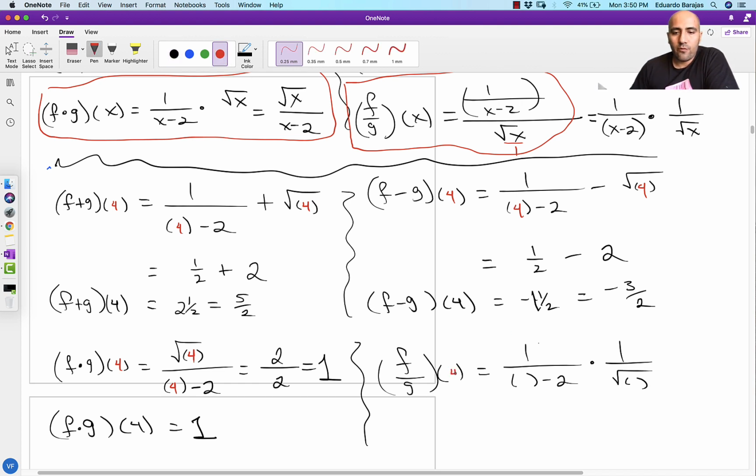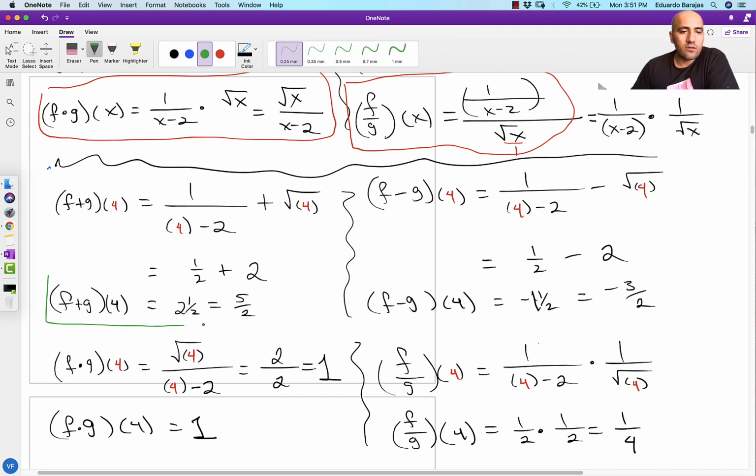We put a 4 there, a 4 there, and a 4 there. And so we end up with f divided by g evaluated at 4 is equal to 1/2 times 1/2, which is equal to 1/4.